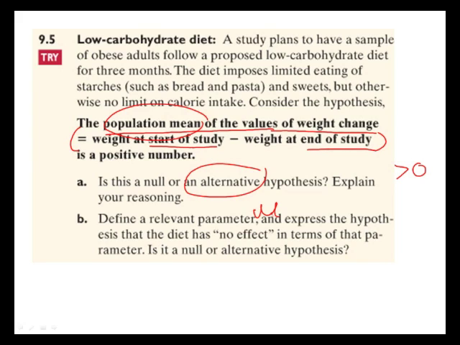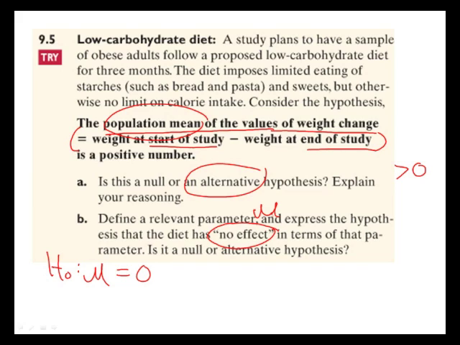And express the hypothesis that the diet has no effect. So how would we write that hypothesis? It would be equal to 0, but what is equal to 0? Yeah, the mu.